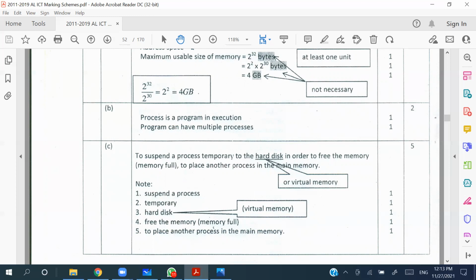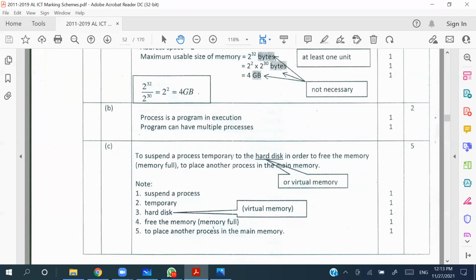You should say it is a state which happens due to suspension. It is done temporarily, where the operating system is going to suspend those processes into the hard disk or to the virtual memory, you can say. And the purpose is to free up the memory to place another process inside it.